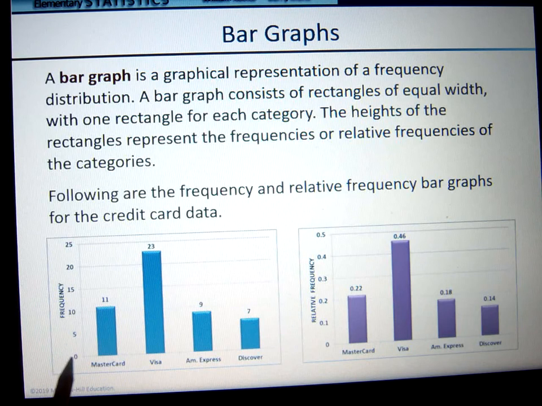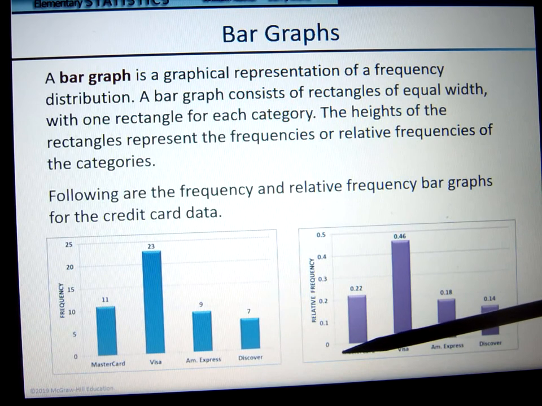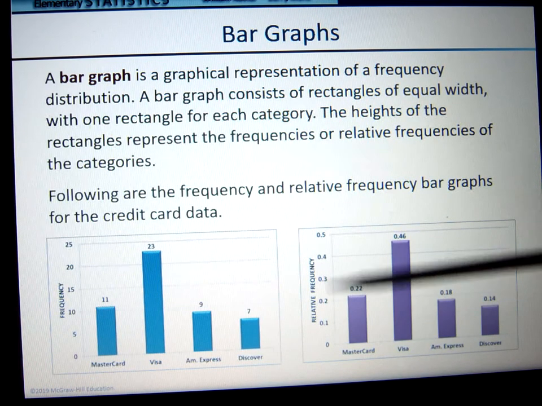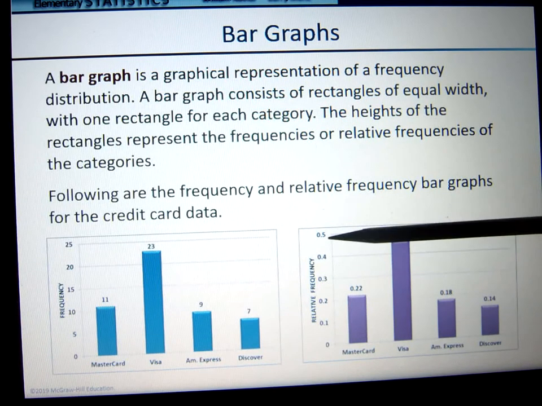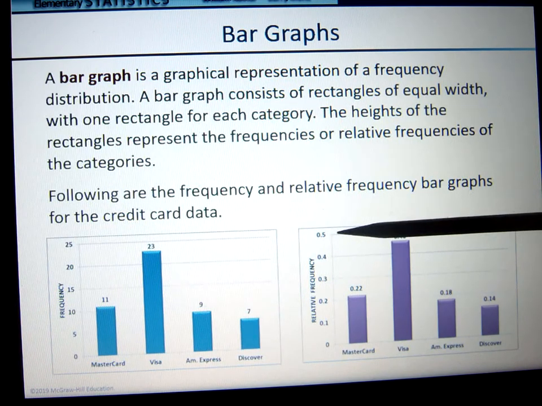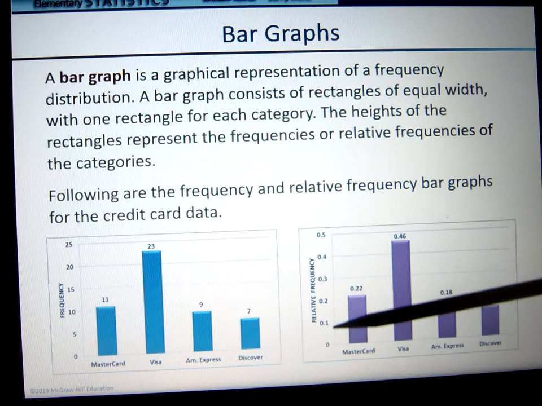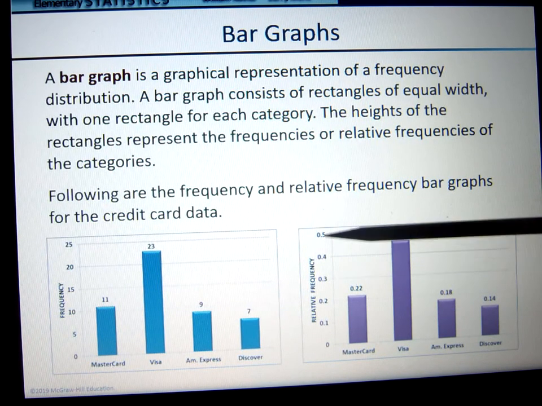Notice the scale has to be the same in between the numbers, the distance. And then over here, we have our relative frequency, which again is our proportions from 0 to 0.5, or 0 to 5/10. You know, if you want to say the numbers correctly, we should be saying 5/10. And notice that the distance between each one is the same.